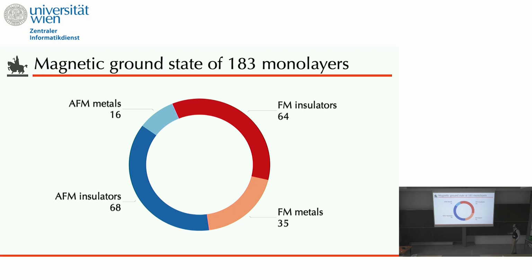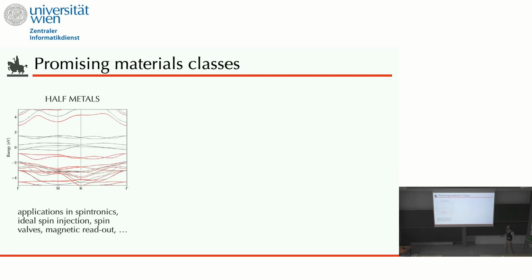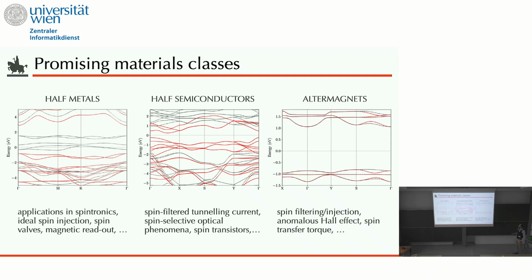And now we can start to look for potential applications of these materials, in particular looking for promising material classes, like half metals or half semiconductors, where you have essentially a band gap which is smaller for one spin component than for the other, or altermagnets that are actually quite rare, as Thomas knows very well.